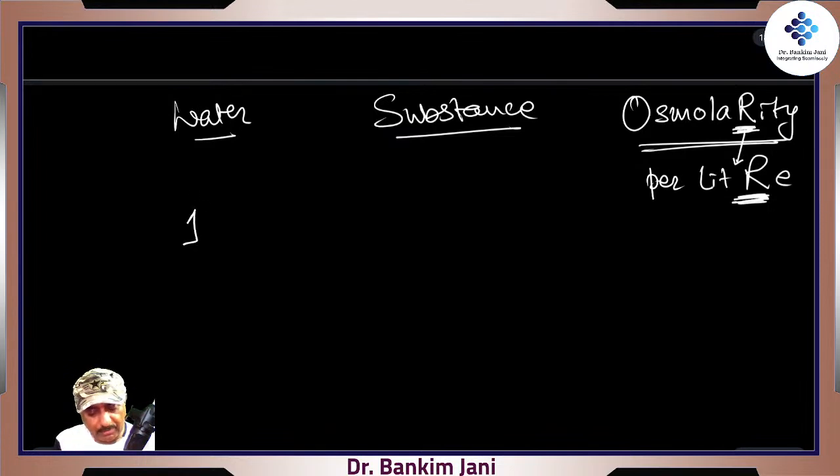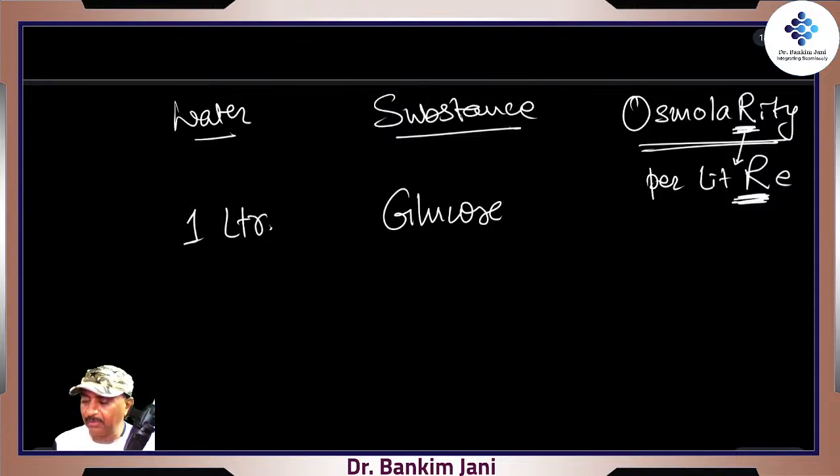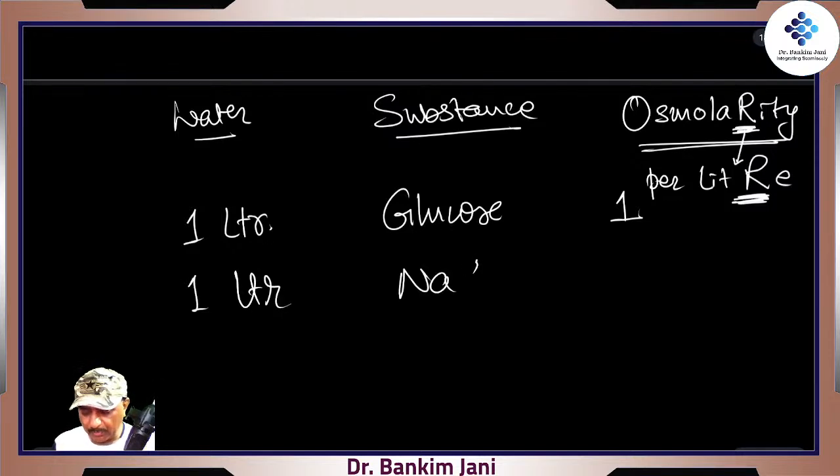Water is how much? 1 liter. Okay, right? And we have got glucose. So what would be the osmolarity? We said that glucose is non-ionic, so it is 1. ठीक? Easy. 1 liter. Sodium chloride, our normal salt.